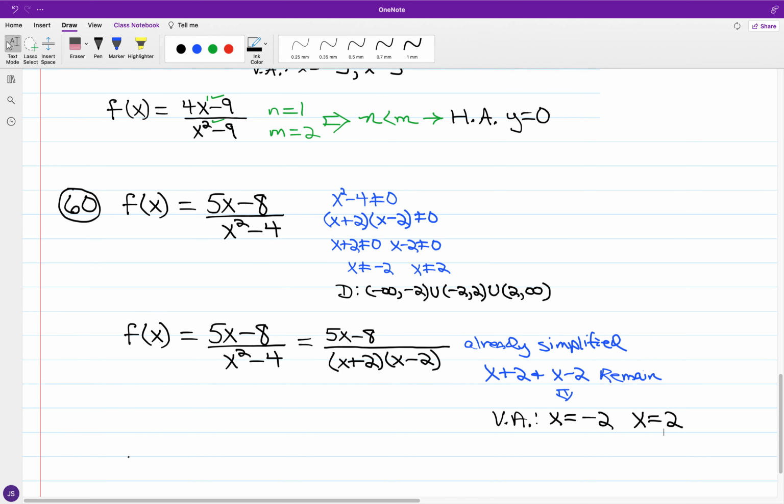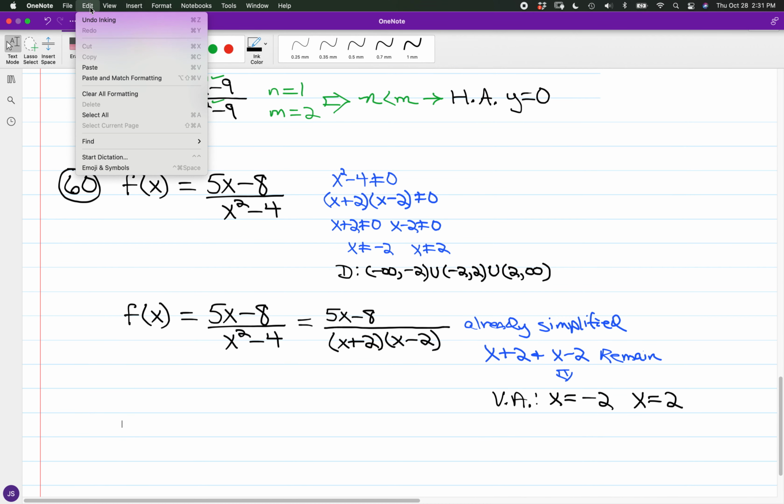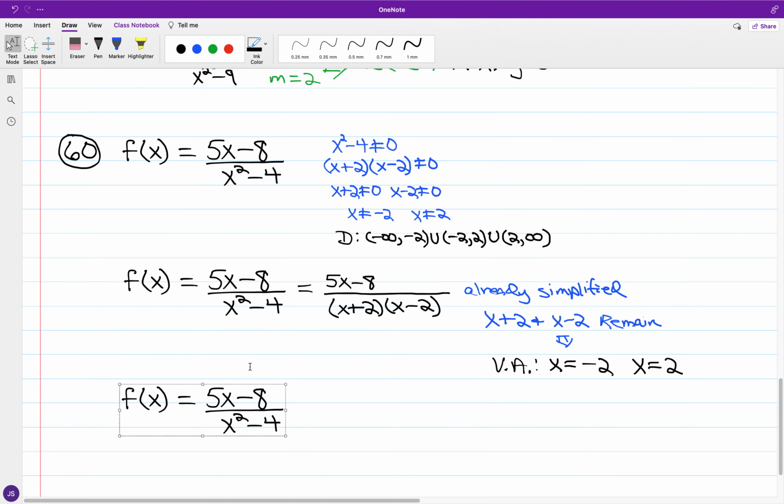And for any other asymptotes, again, we now have the numerator. The higher order term is 5x, so n is equal to 1. In the denominator, the higher order term is at x squared, so m is equal to 2. And again, we have that n is less than m.